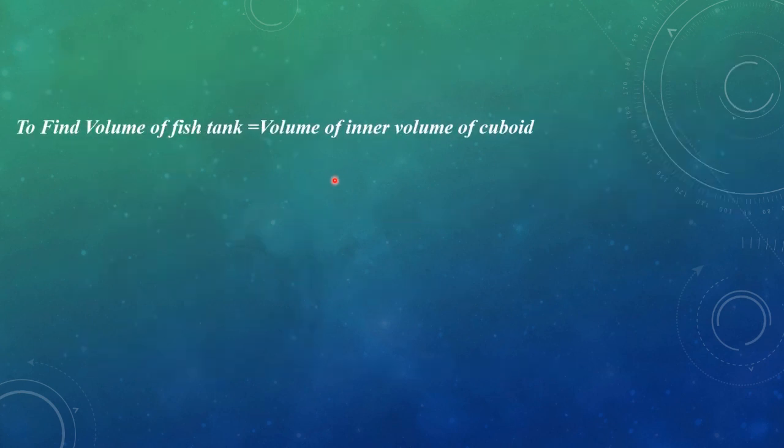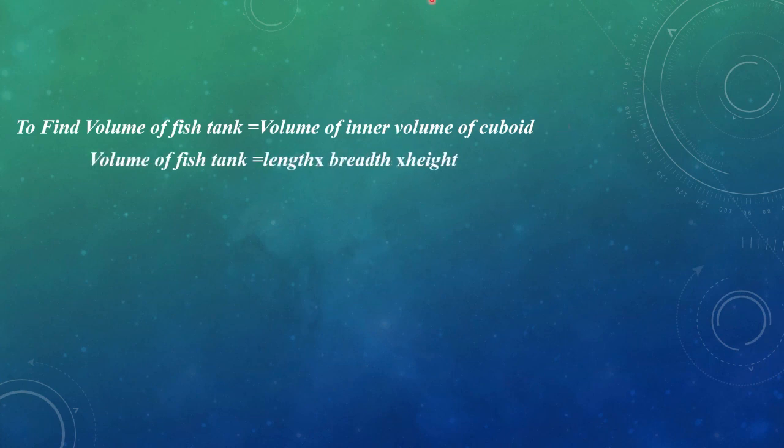So to find the volume of the fish tank, it is the inner volume of the cuboid. So volume of the cuboid will be length into breadth into height. So multiplying the length, breadth and height, we get volume is equal to 60 multiplied by 40 multiplied by 40.